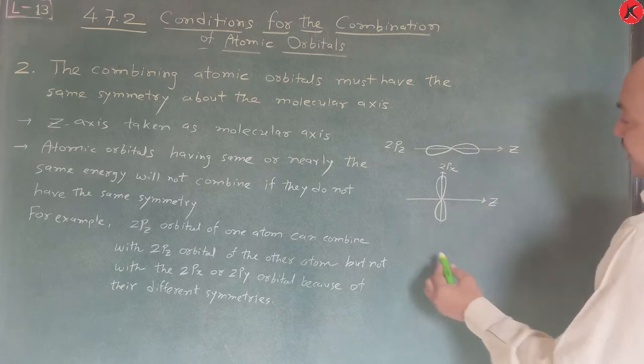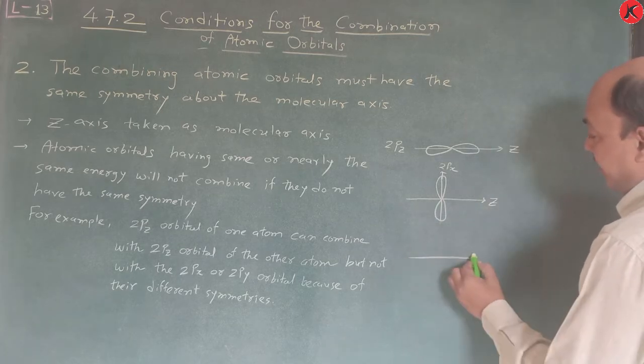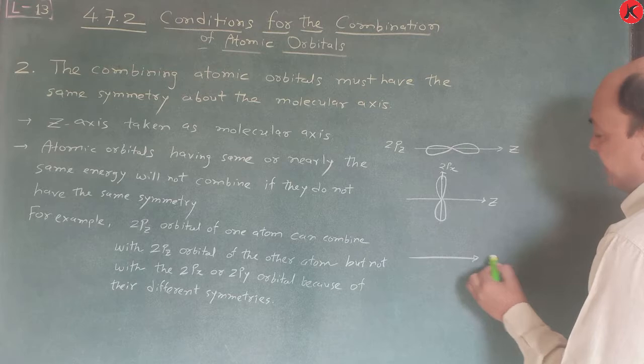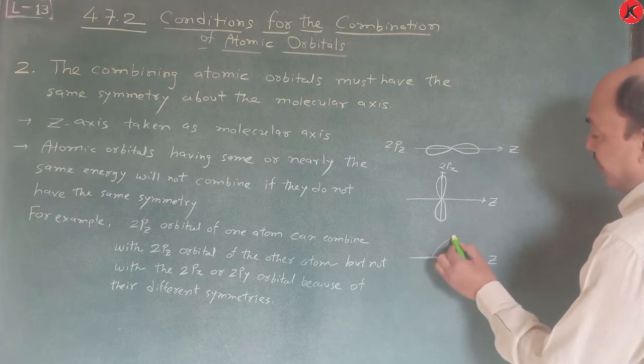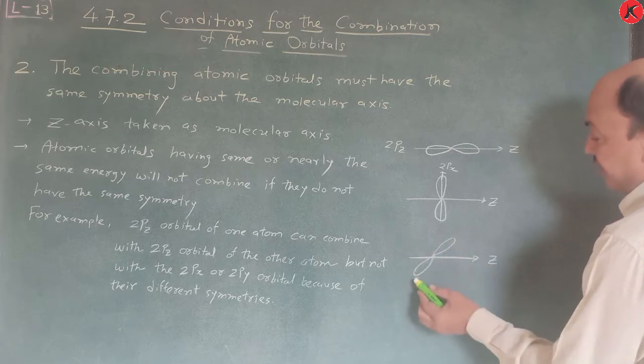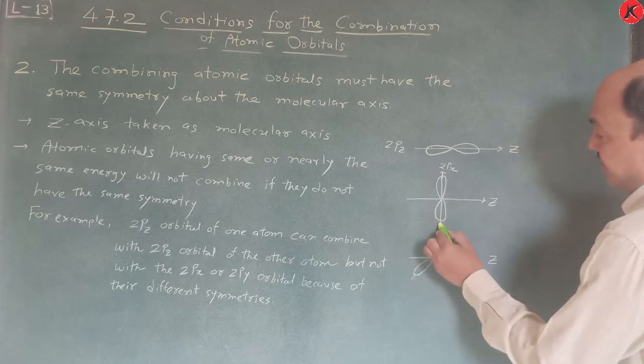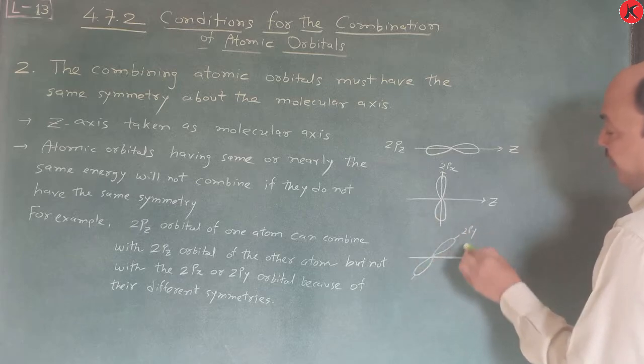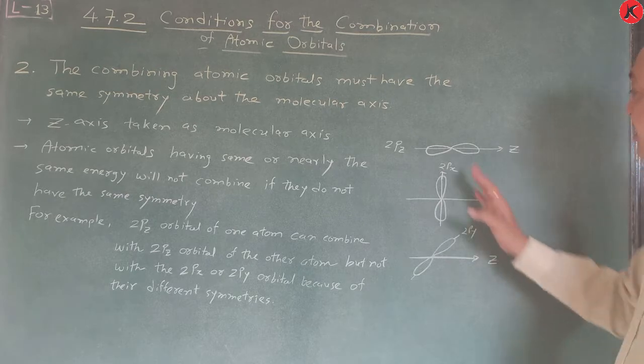And suppose we consider the 2py orbital, then this is the z-axis, and you have to draw it just like this. This is the 2py orbital.